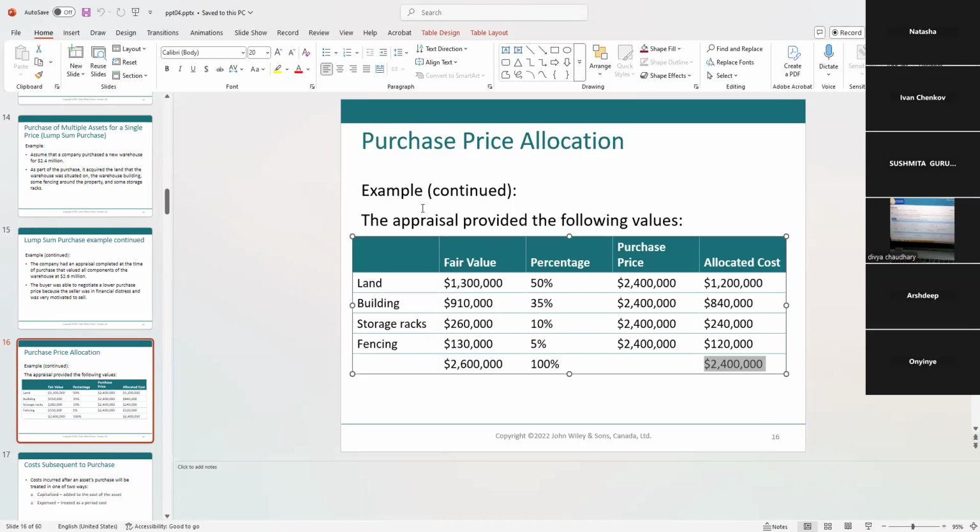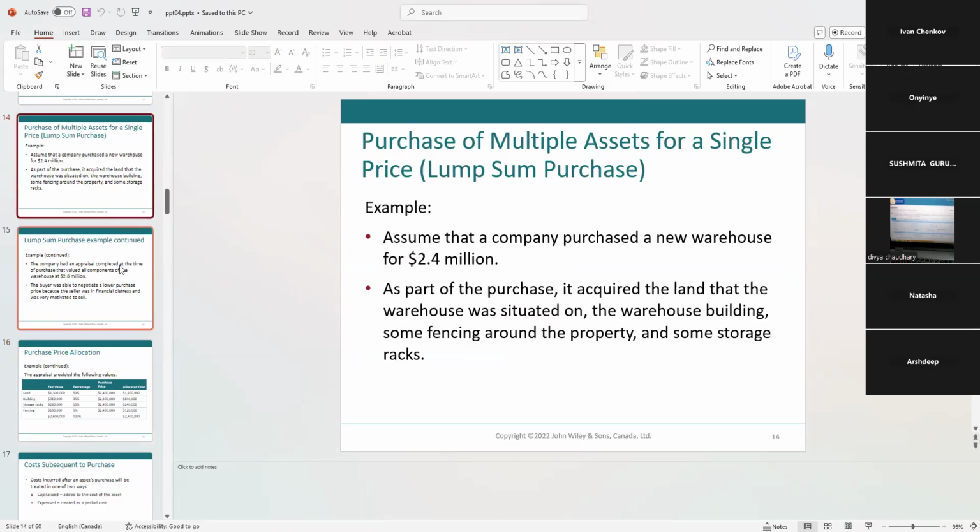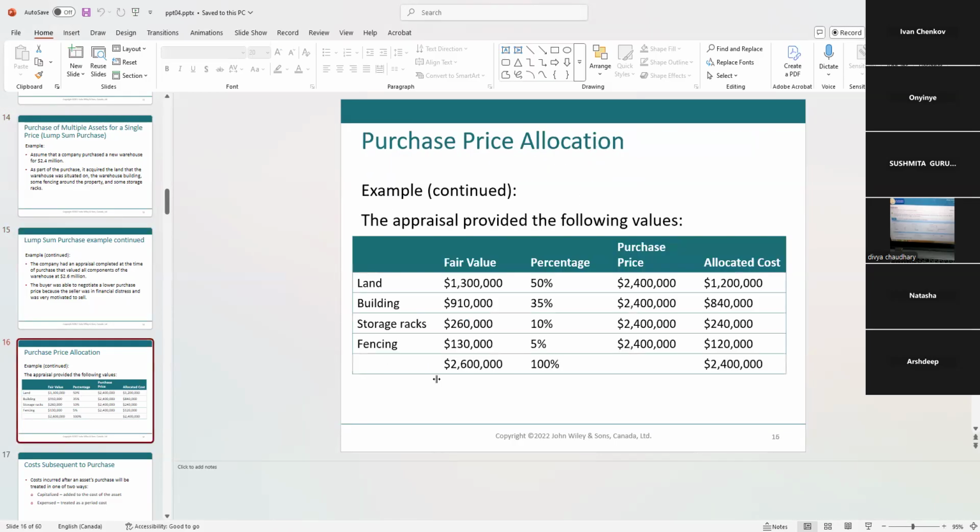So basically, you have to do whatever we did in class for the lump sum purchase. When you're buying something for less than the actual price, when you're getting discounts on the purchase. And once you come up with the cost, you have to recommend a depreciation method for the different assets.